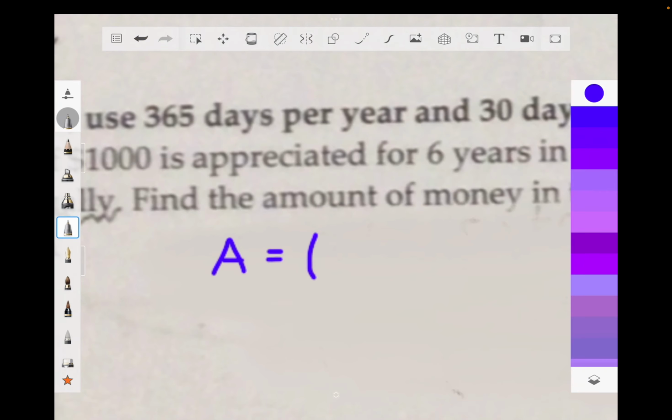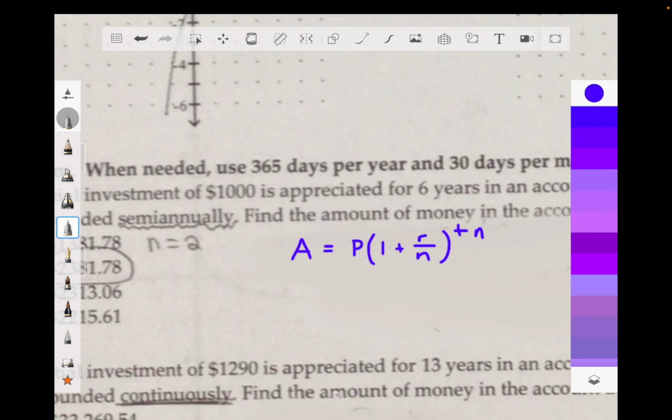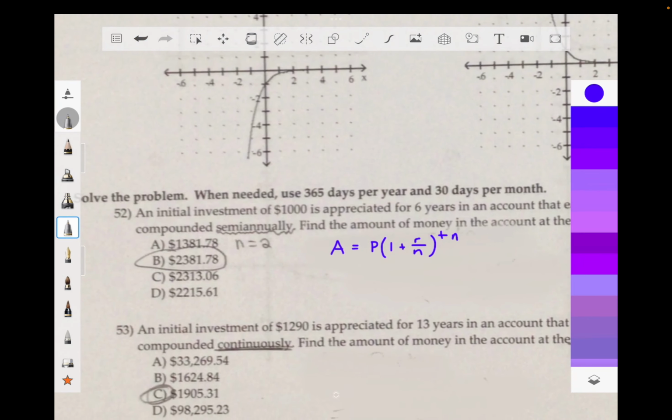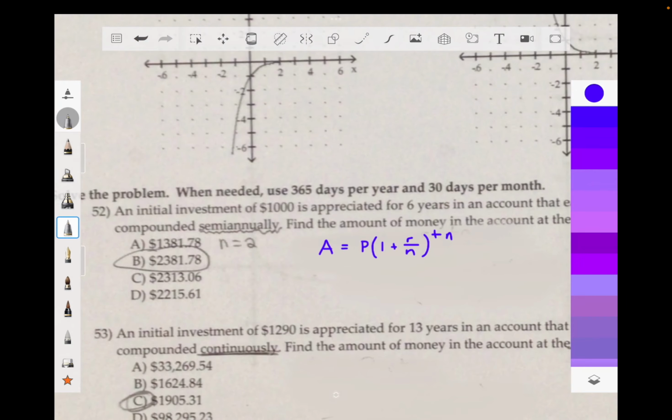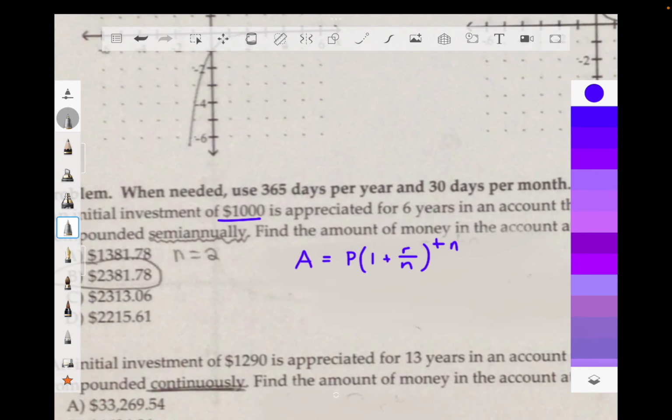There's a financial engineering video on here that has slightly different numbers, but I think it's better to use whatever they give you because that's what you've learned. So P's our initial amount, which we see here is 1,000.